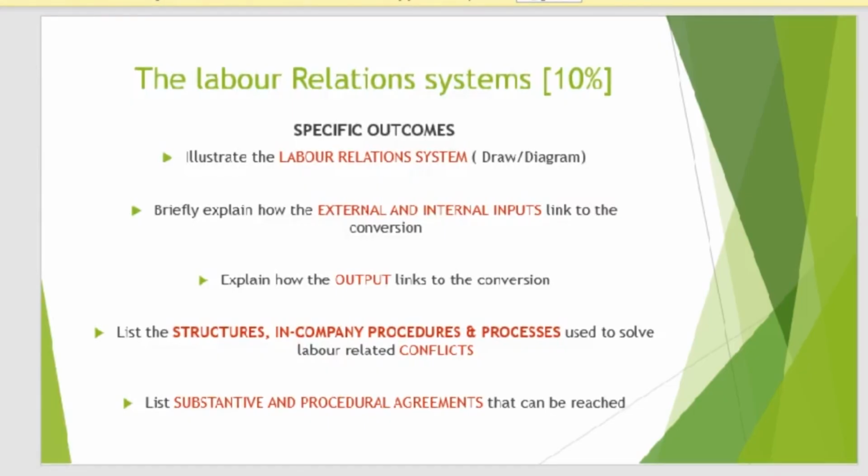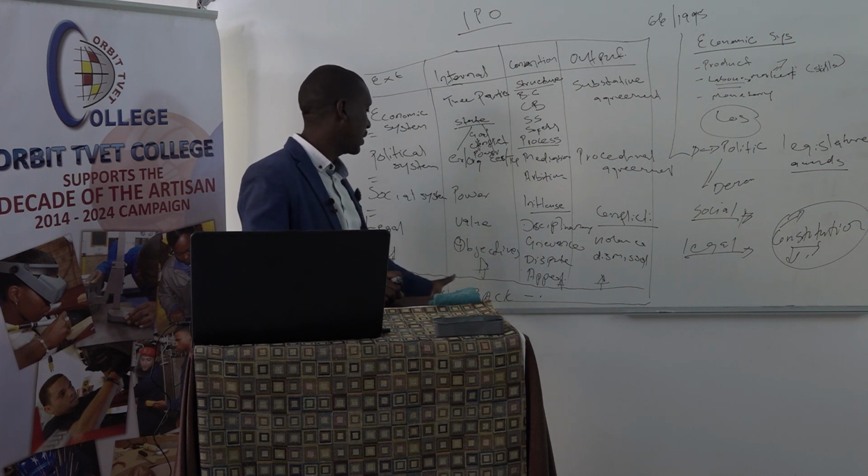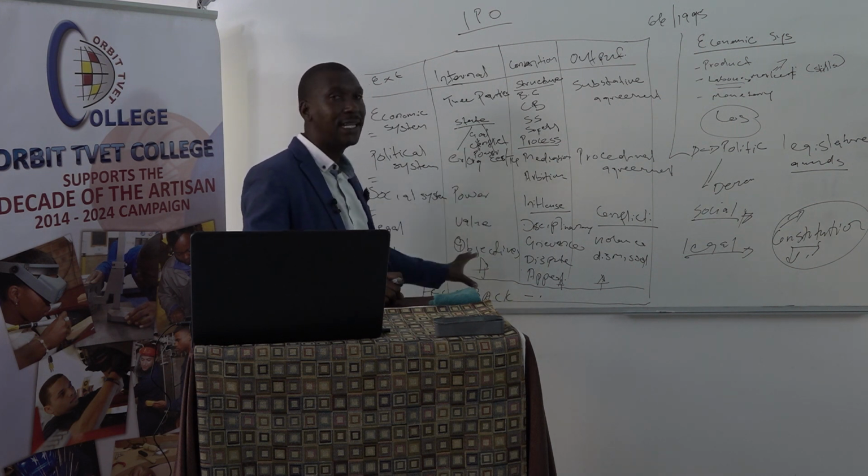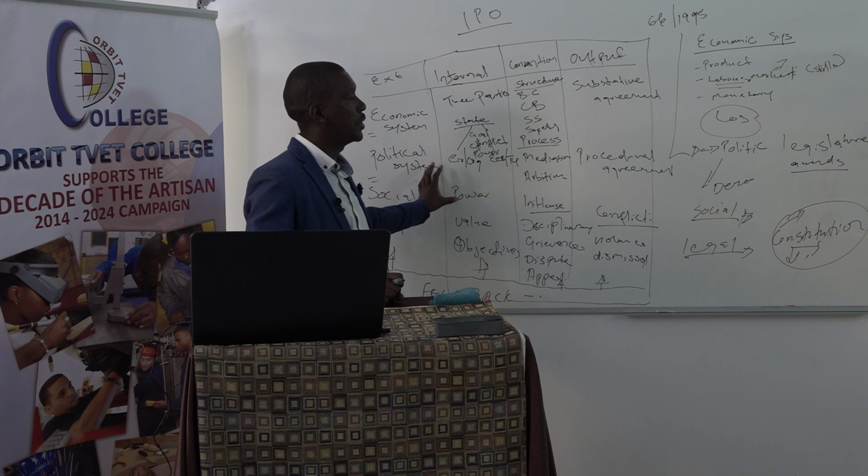When we recap our lesson, I want us to look at what we are supposed to do. Remember, this is 10% of the syllabus. We did illustrate, and we've understood the structure. The second part is on the external and internal inputs link. You still remember that the feedback is always the link between all these components.